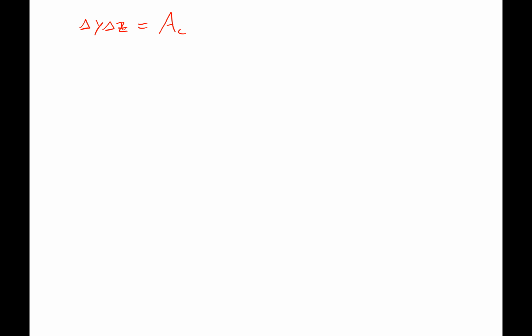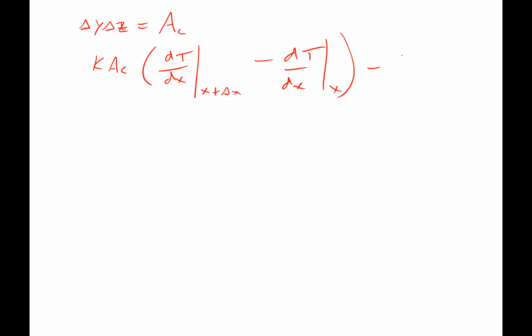If we gather our terms and put this into equation form, we get k times A_c multiplied by dT/dx evaluated at x plus delta x, minus dT/dx evaluated at x, minus h times P times delta x times (T minus T infinity), all equals 0.